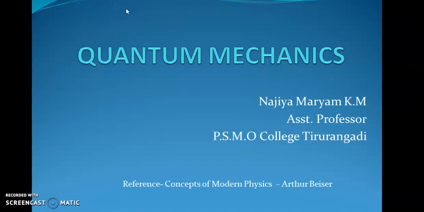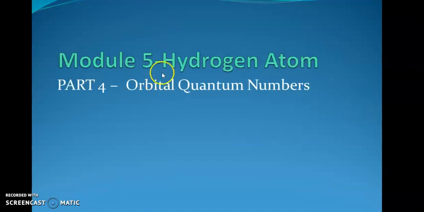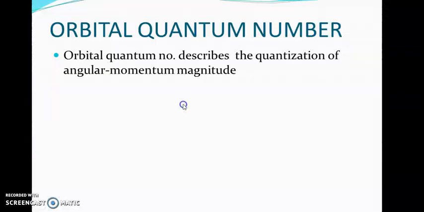Today we will discuss the significance of the orbital quantum number. The orbital quantum number describes the quantization of the angular momentum magnitude.